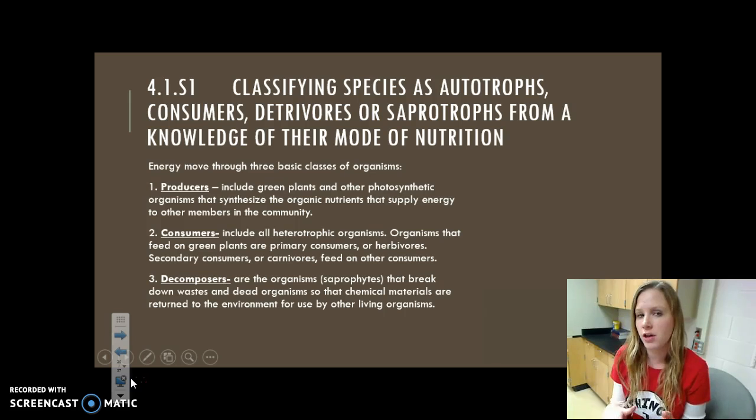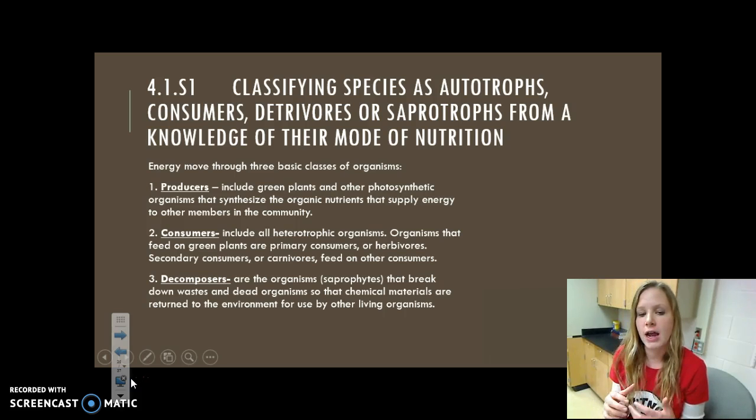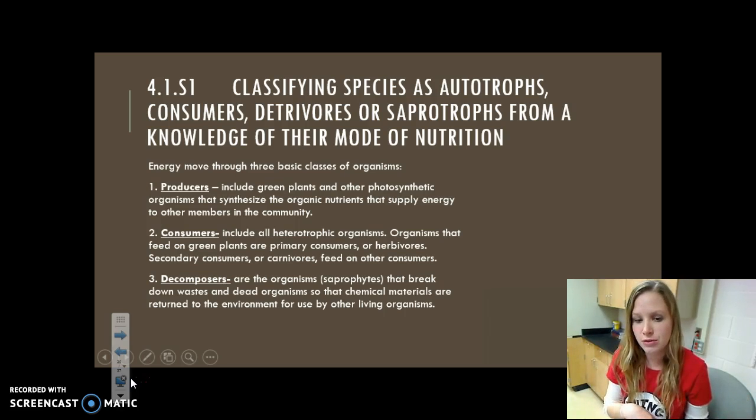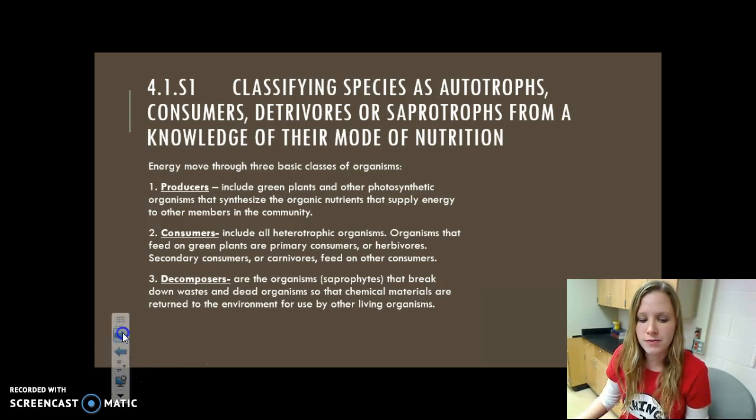So we know that the ultimate source of energy is the sun, goes into producers. Producers then are eaten by consumers, and then consumers and producers are then broken down by decomposers and those materials or those nutrients are returned to the environment to then be used by the producers for the whole cycle to start again, right?